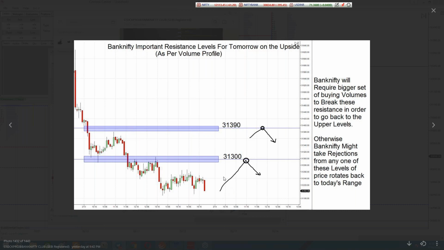So when the market opened gap up today, swiftly in the first 5 minutes it covered both the 31,300 level as well as 31,390. Both levels got covered by Bank Nifty, but obviously it had to take rejection from somewhere, and it finally took the rejection at the starting point of the downward auction. The downward trend actually started from here.